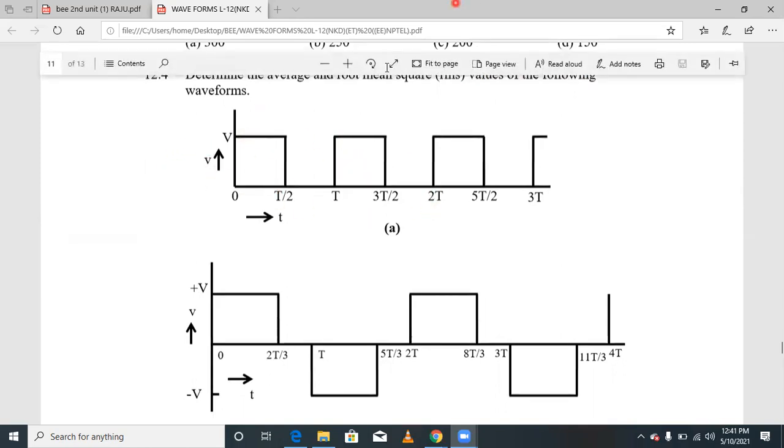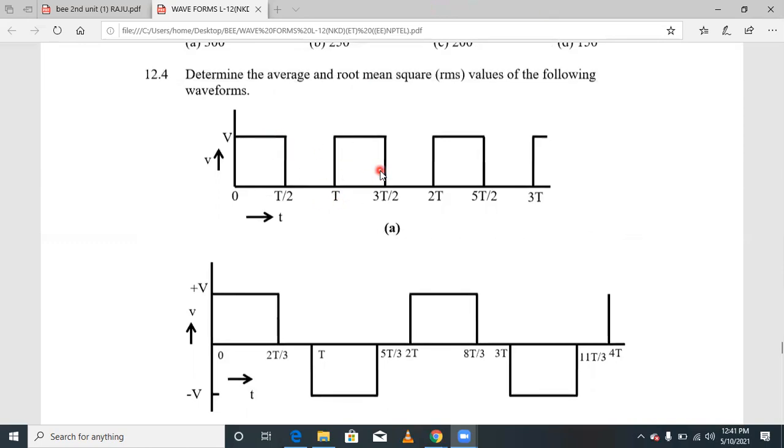So what is the time period here? Respond, anyone. Is it 0 to T by 2 or 0 to T?